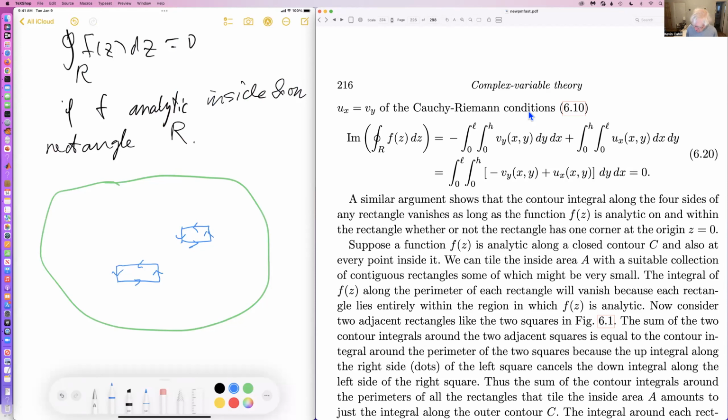And then what you can do is you can put a bunch of these rectangles together, and the line integrals that are in opposite direction along the same line cancel. And so we have here red and blue canceling, and then over here we might have another rectangle, and here we'd be going down, and so these two would cancel, the blue and the green.